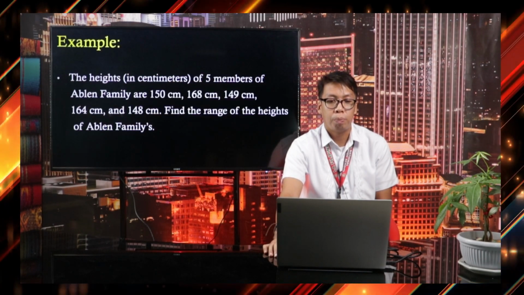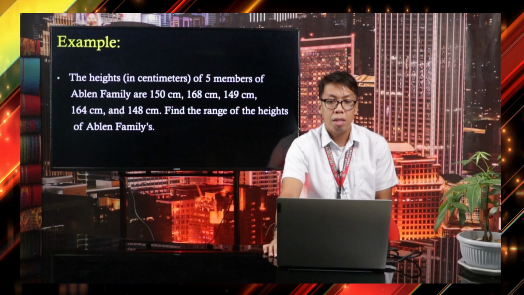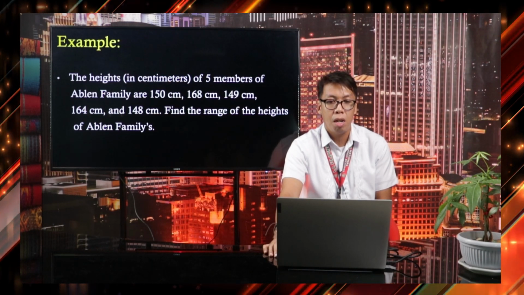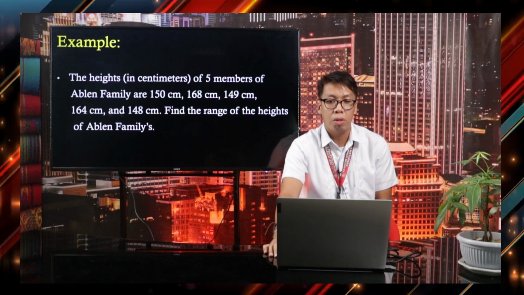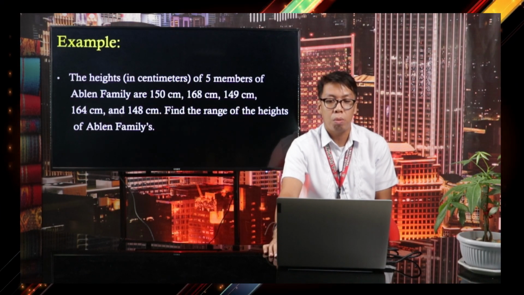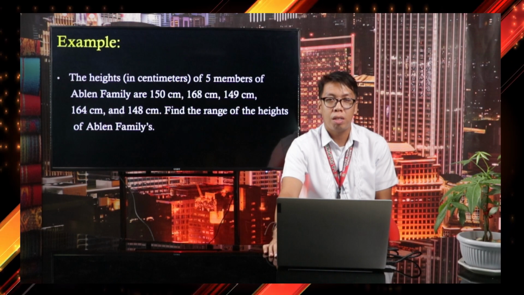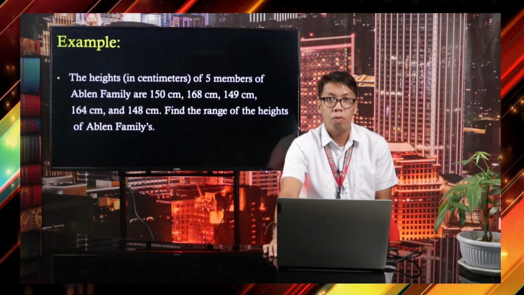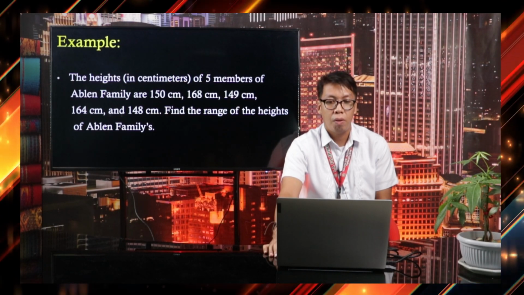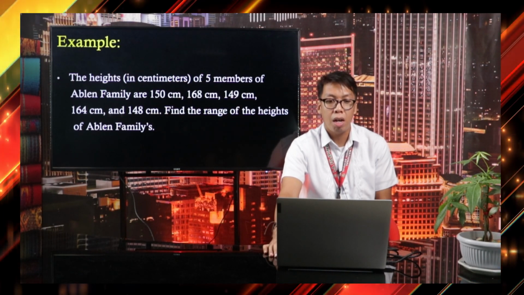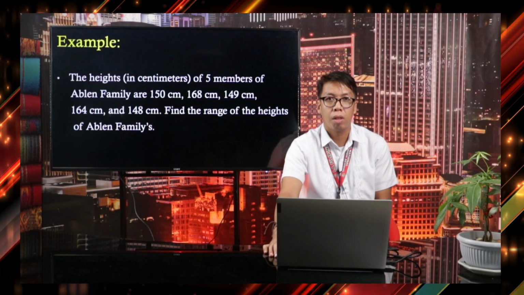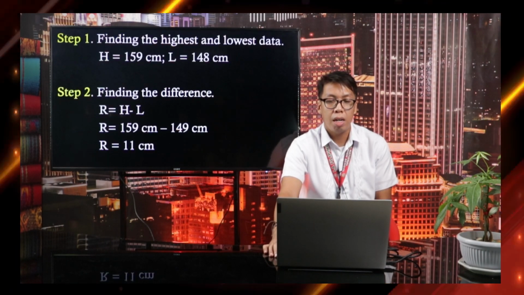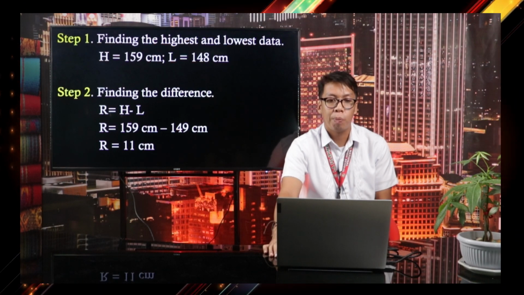For example, the heights in centimeters of 5 members of a blended family are 150 centimeters, 168 centimeters, 149 centimeters, 164 centimeters, and 148 centimeters. Find the range of the heights of the family. Step 1, finding the highest and lowest data.